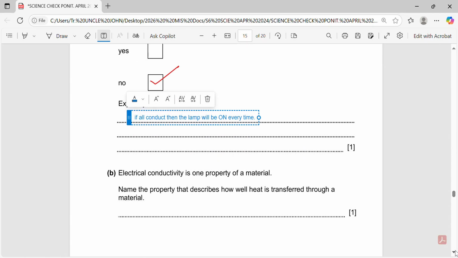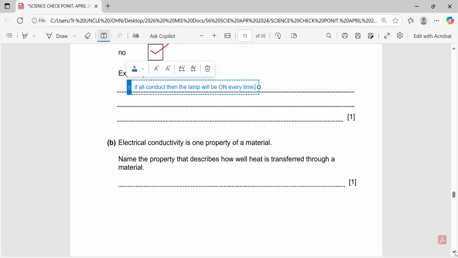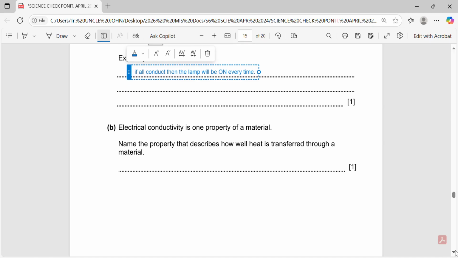B, electrical conductivity is one property of a material. Name the property that describes how well heat is transferred through a material. You can put thermal conductivity.